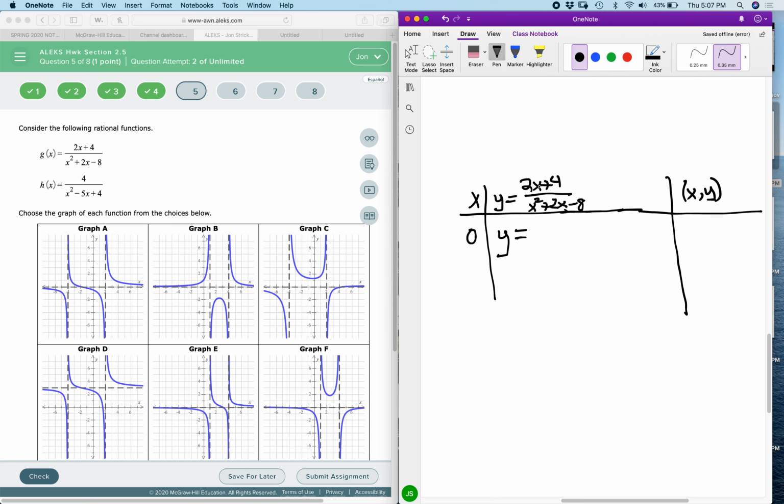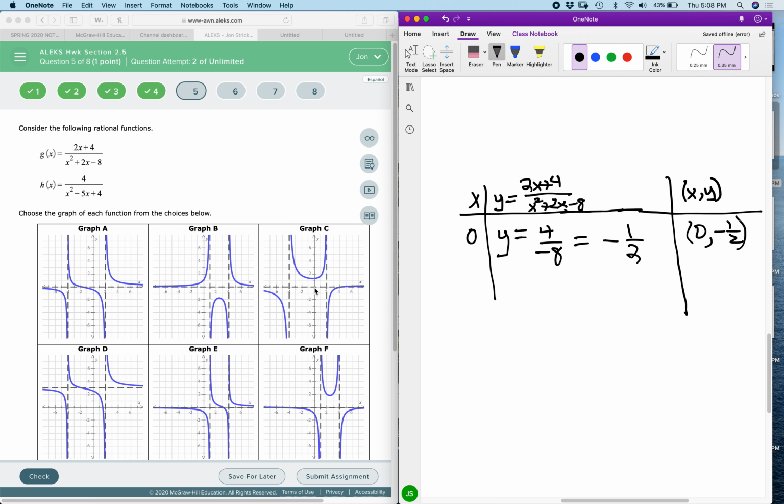We have 2 times 0 plus 4 is 4, and then 0 plus 0 minus 8, so I have negative 8. And 4 over negative 8 is going to be negative 1/2. So a point on the graph of this function will be at 0 and negative 1/2.